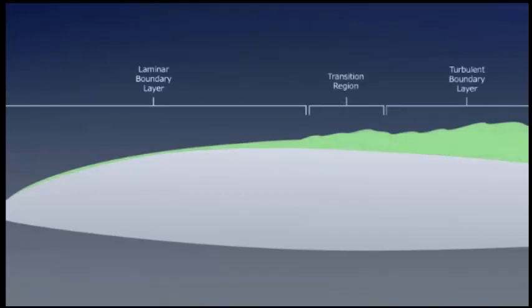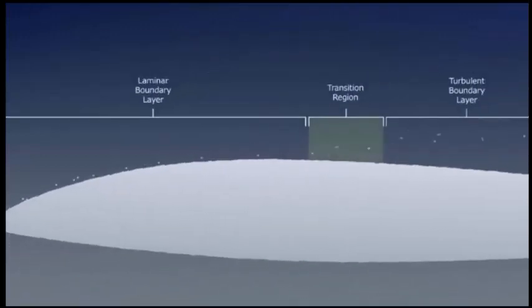Let's go through an example to see the path of air molecules through the boundary layer. In flight, the air molecules that come in direct contact with the surface become virtually motionless for a brief moment due to surface roughness. After the stagnation point, the air molecules continue along their path. As the flight progresses and molecules move rearward past the leading edge and laminar boundary layer, the molecules enter the transition region.